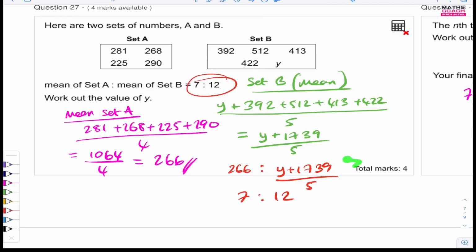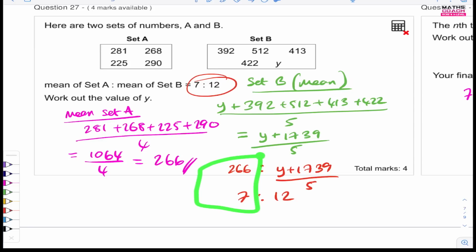Now, we are told that this mean is represented by 7 shares or 7 parts of our ratio, and set B's mean is represented by 12. So using proportion, why don't we find out what 1 part represents using these 2?